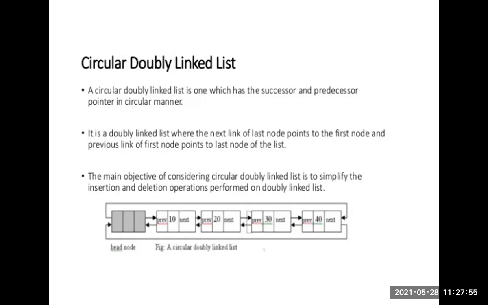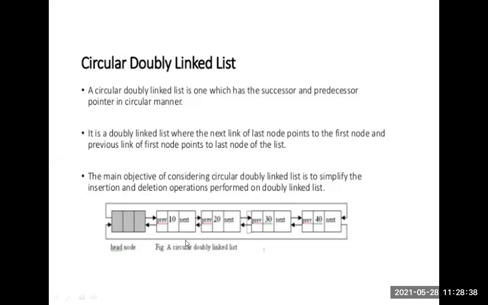The left link is a pointer field which contains the address of the previous node in the list, and the right link is a pointer field which contains the address of the next node in the list.